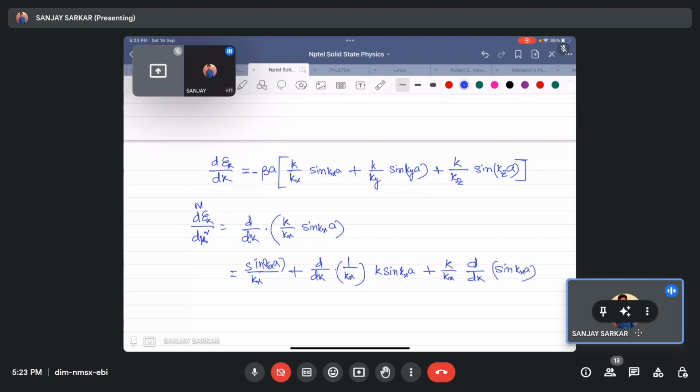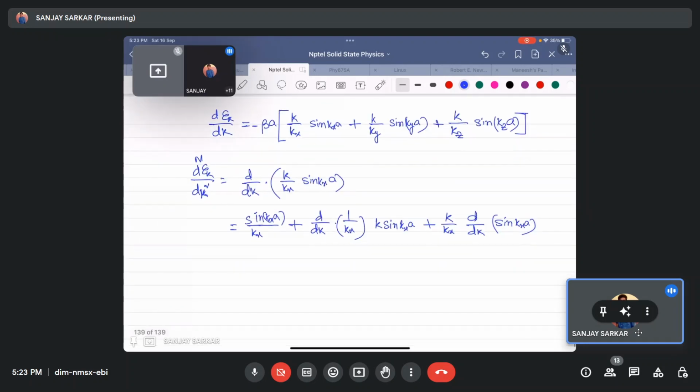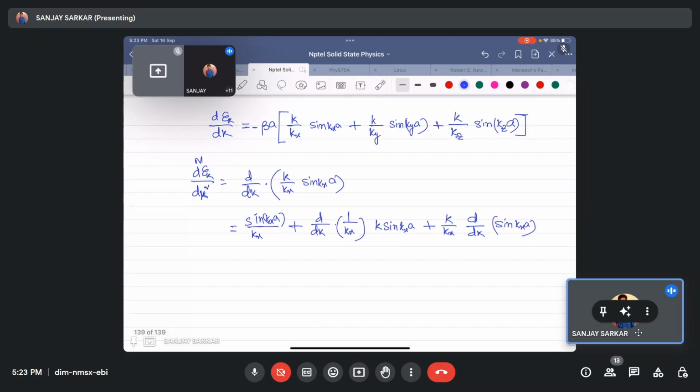I thought it would be easier, but the differentiation is really cumbersome. The derivative of 1 by kx gives minus 1 by kx square into k by kx into k sine kxa.